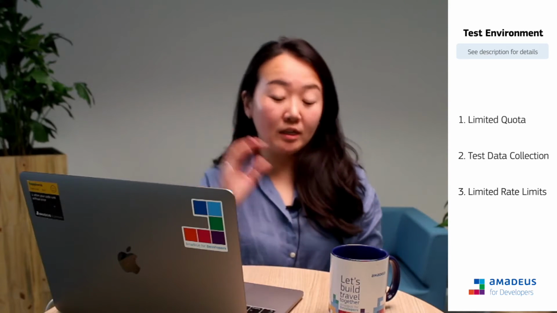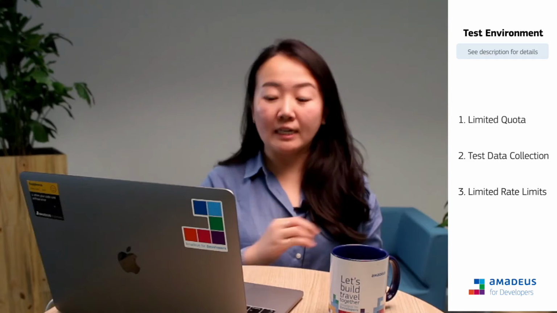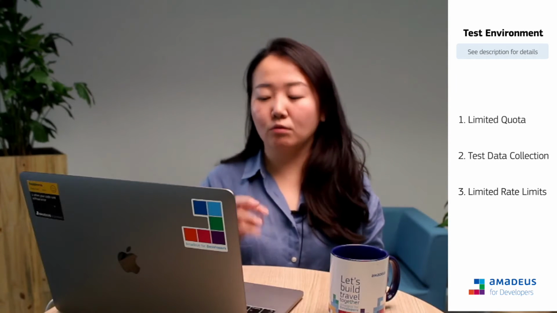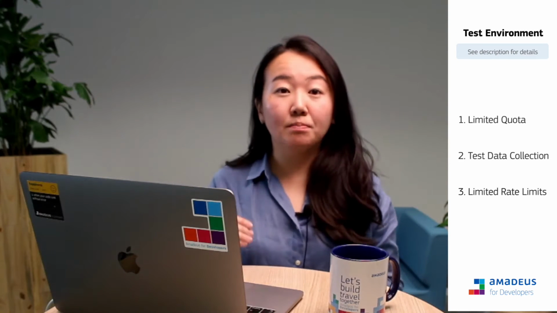It is free access, but with limited quota. So there is a limited quota per month. If you exceed this quota in this month, you need to wait until next month to get a new one. And also, the test environment is based on test data collections.